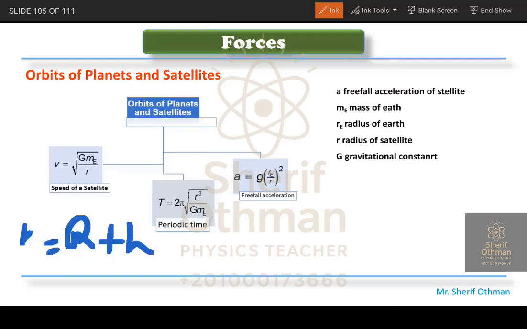The periodic time is equal to 2 pi times the square root of r cubed over G Me. And the free fall acceleration is equal to G Me over r squared, while Re is the radius of Earth, and r is the radius of the satellite motion, which is calculated from the center of the Earth. As we said, r is equal to Re plus h.